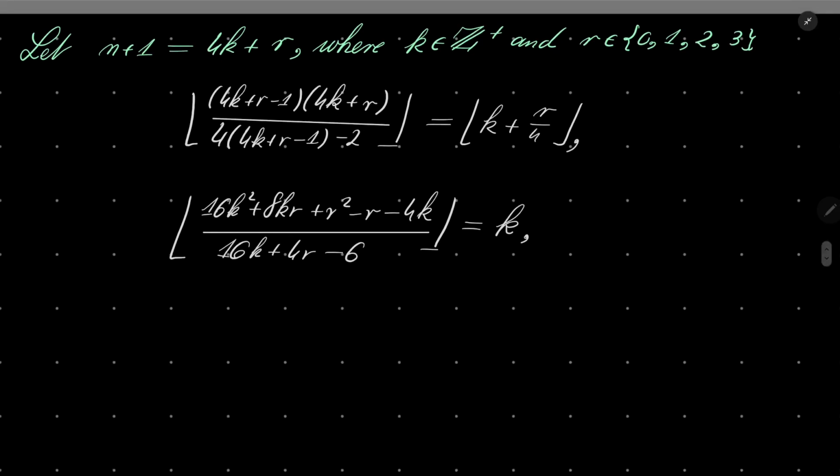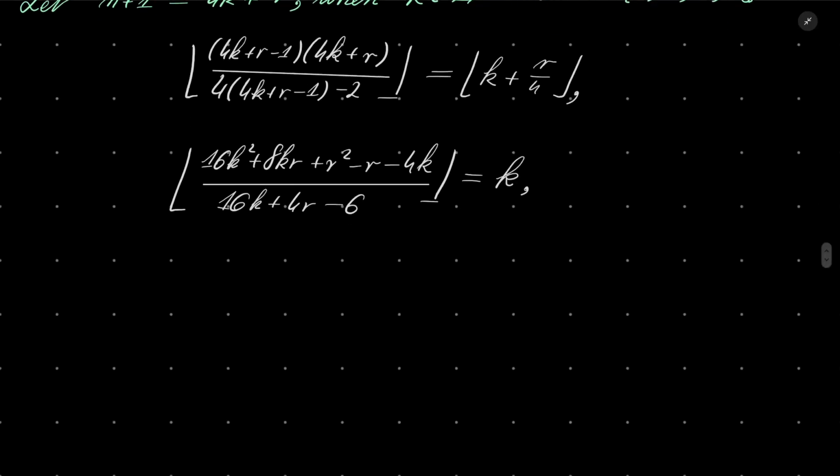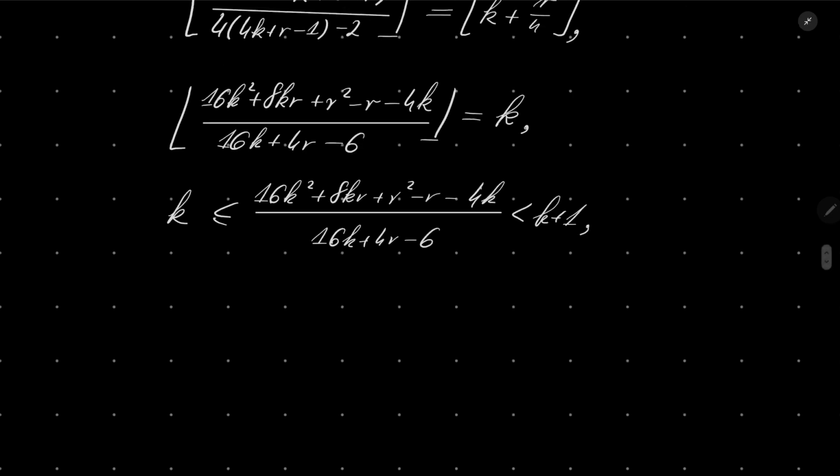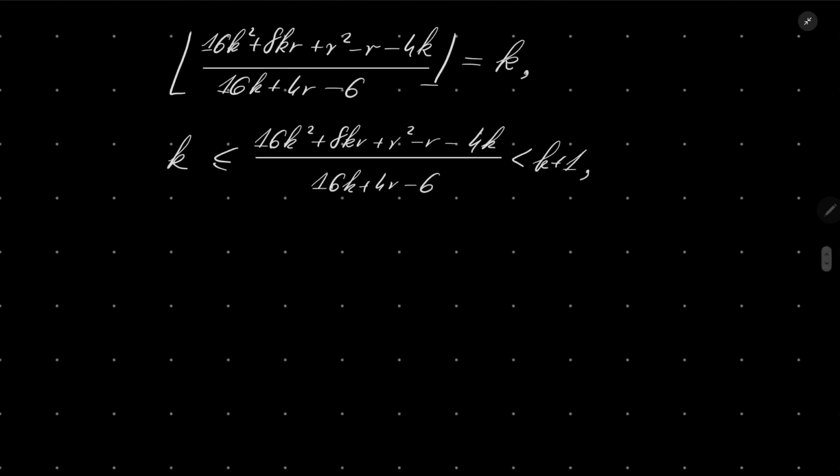And now, using my first hint, this equality happens if and only if our number under the floor is somewhere between k and k plus 1. And now we wish to verify these 2 inequalities. So let's get rid of the denominator.